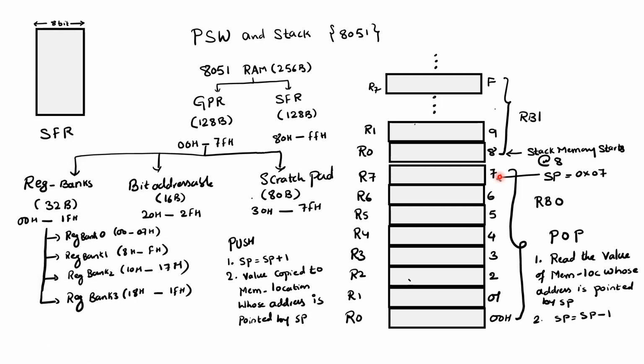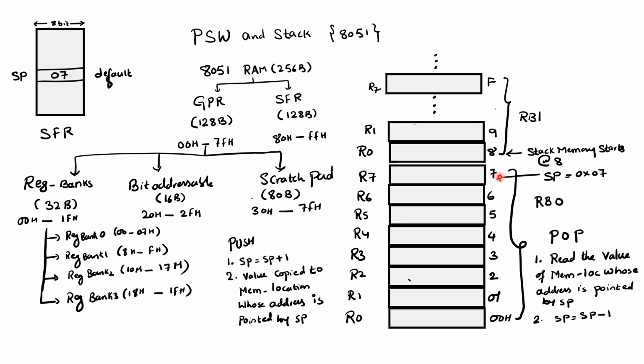Now where is this stack pointer located? The stack pointer is located in SFR, and the width of this SFR is 8 bits. One of the SFR locations is the stack pointer, and the default value is 7. It always refers to 7. You can change it to any other address if the programmer needs to change the stack memory, but the default stack pointer value is 7.